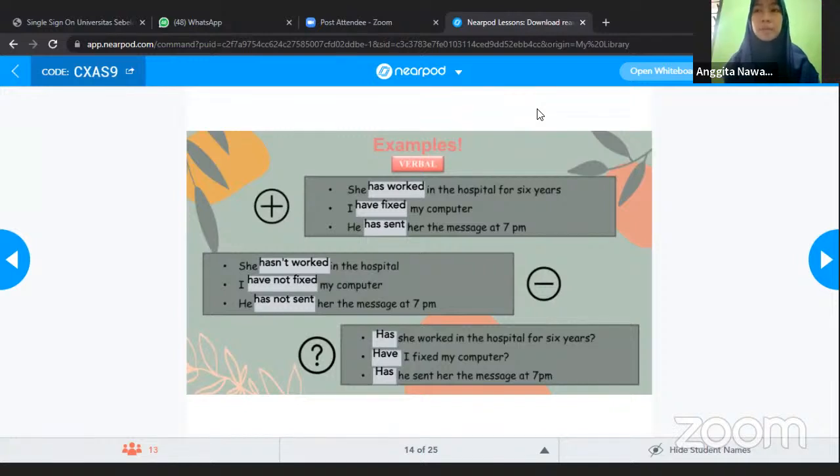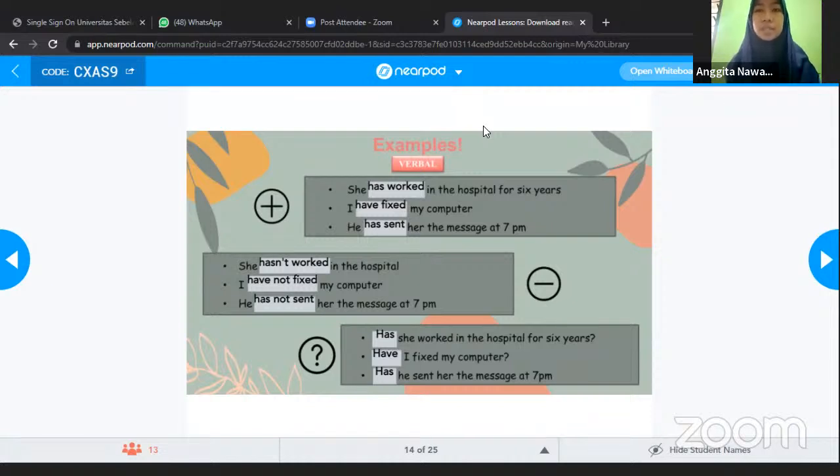And then for the negative form, remember that the formula is subject plus has or have plus not plus past participle. So we implement it in sentences. He has not worked in the hospital. I have not fixed my computer.